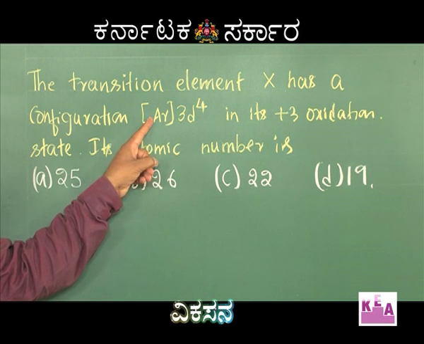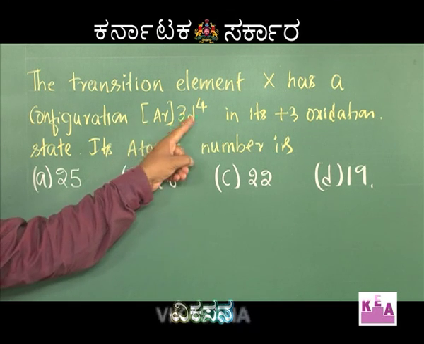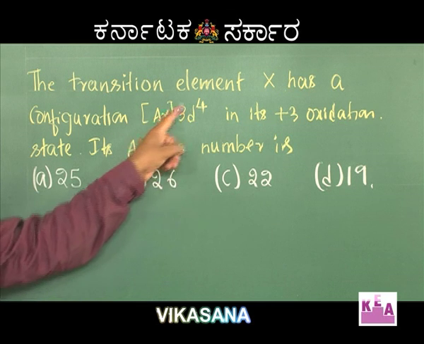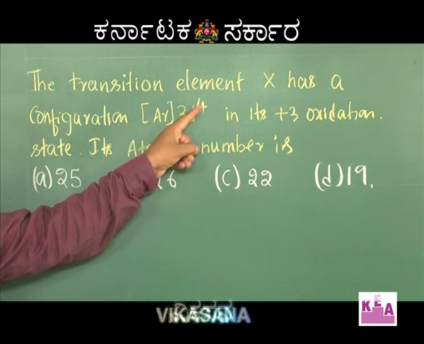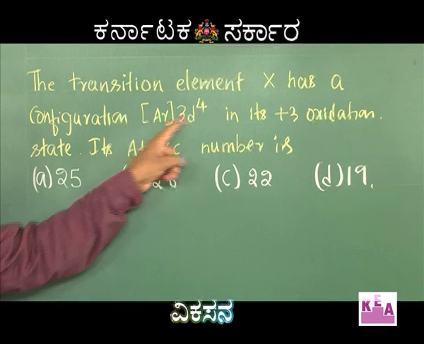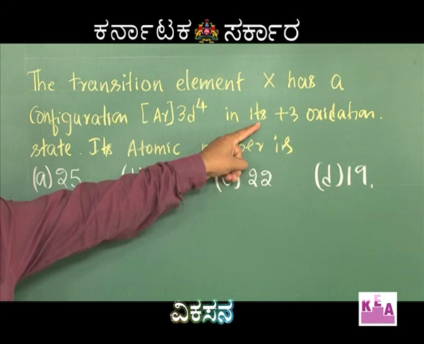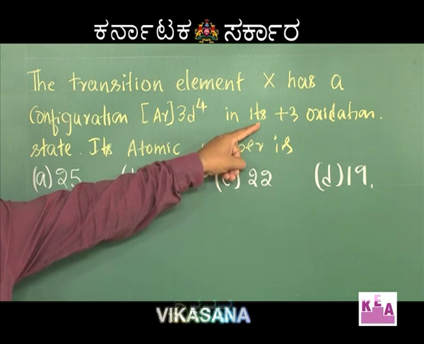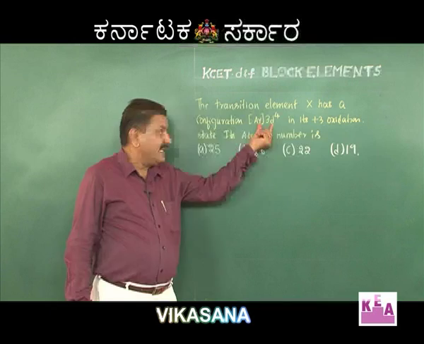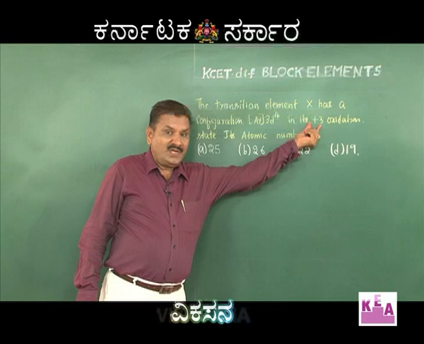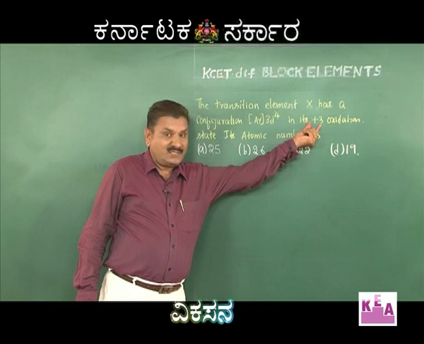Argon atomic number 18. It is followed by 3d4, which means 18 plus 4, 22. It is 22, but it is in plus 3 oxidation state. That means along with these 22 electrons, it has lost 3 electrons in the plus 3 oxidation state.